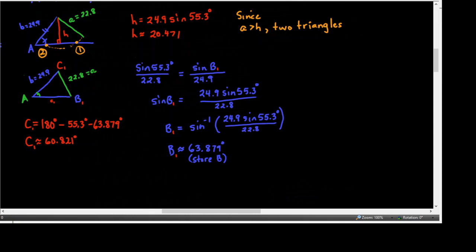What can we use to find that? Well, can't we use the law of sines again? Right? Can't we? So won't side C1 over the sine of angle C1, which we just calculated, which means we're going to need that number again. I probably should have told you a second ago to make sure you store that number.